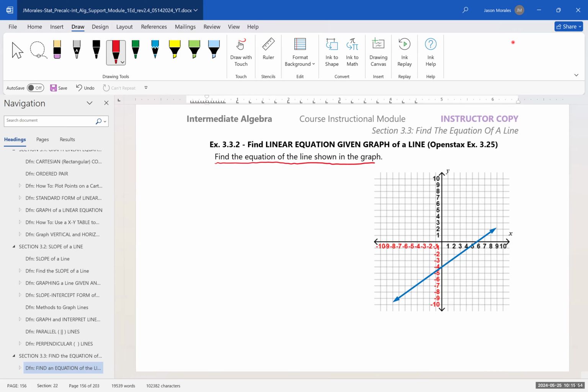There's a couple things you could do. Number one, probably the easiest is to maybe look for x-intercepts and y-intercepts. And the x-intercept is going to be right about here, right?